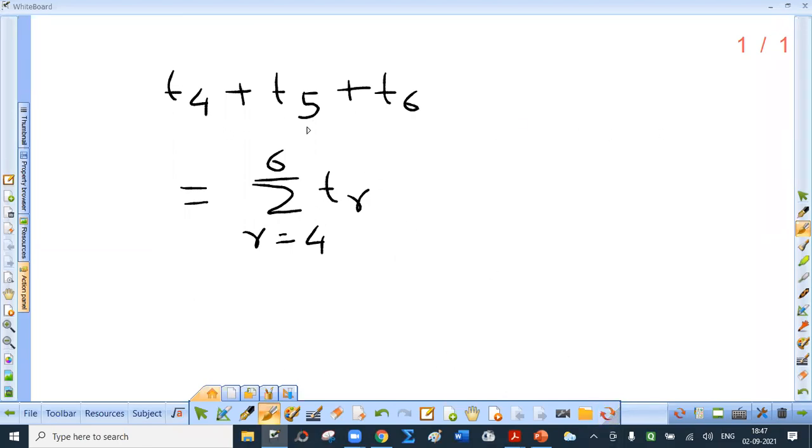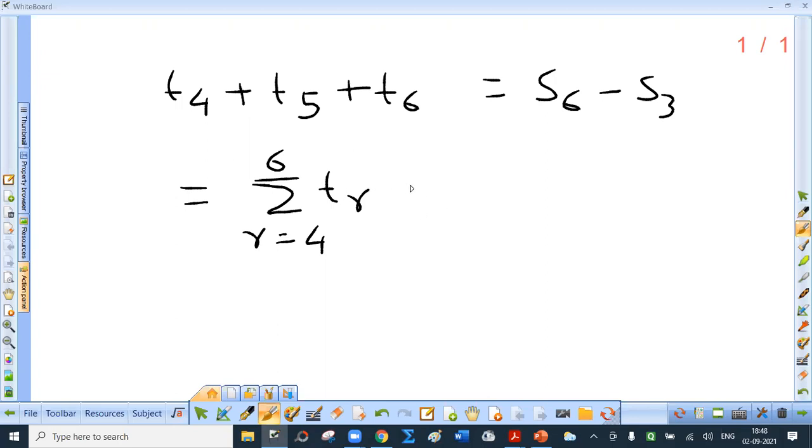Will you say T4 plus T5 plus T6 is S3? No, S3 means sum of the, and that too, first 3 terms. Of course, you can write this as S6 minus S3. It is possible, but this is better notation. Okay. So this is about sigma notation.